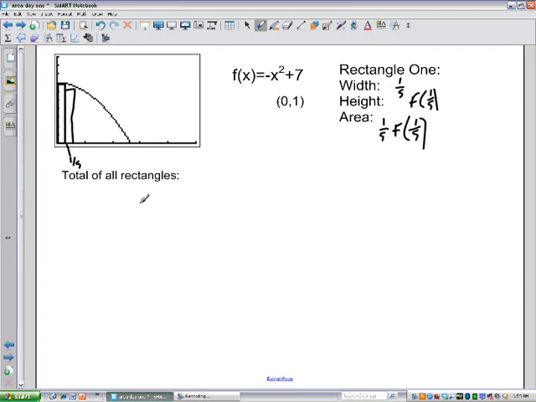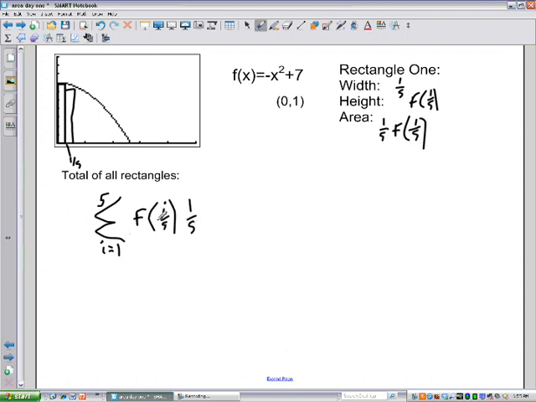Okay, so if I'm going to do all the rectangles, I'm going to add up rectangle 1 plus rectangle 2 plus rectangle 3 plus rectangle 4 plus rectangle 5. And I'm going to do that in a little bit of a sneaky way using some of this summation stuff. I'm going to write the sum from i equals 1 to 5 of my height, which is f of i over 5, times 1/5.